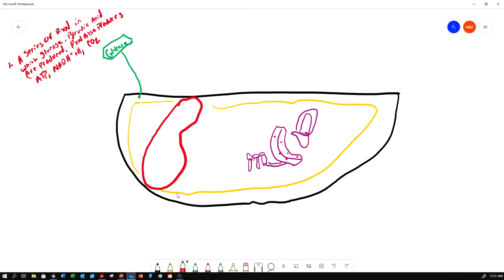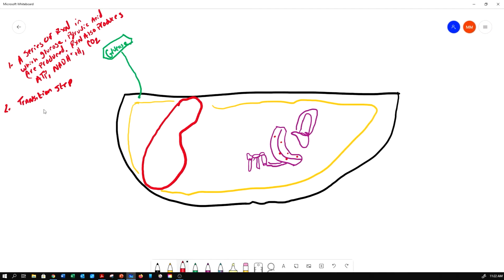So let's talk about the second step of this. I like to call this a transition step. So during this transition step, it's going to prepare the pyruvic acid to enter into the Krebs cycle.